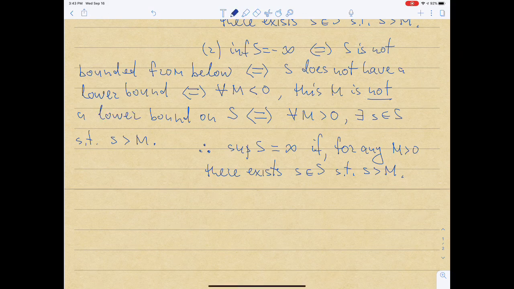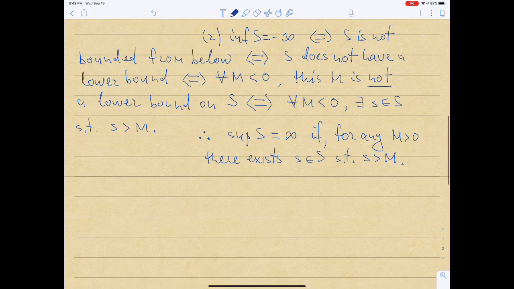And if m is not a lower bound, that means for any m like that, I should be able to find an element of my set which is going to be less than m. And so the infimum of S is equal to minus infinity if for any m less than 0, we can find s in S such that s is less than m. All right?